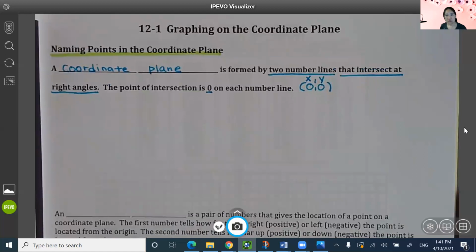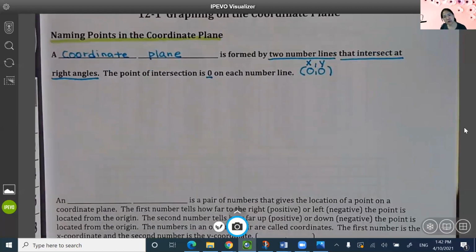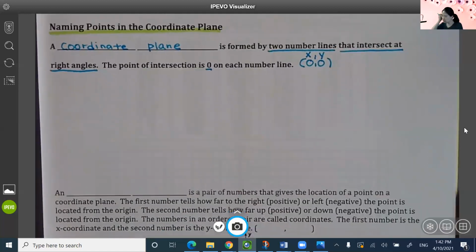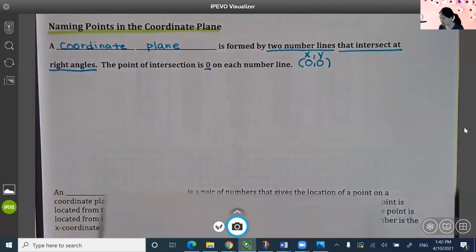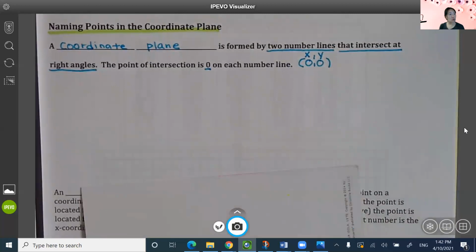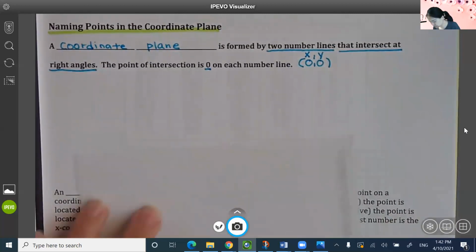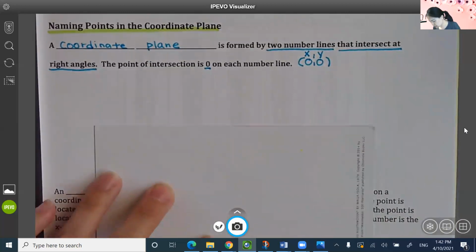All right. So let's go ahead and draw a coordinate plane. I actually have just a little piece of paper that I'm going to use as a straight edge. So what I am going to do is draw a straight line going straight across. Hopefully I do a good job.